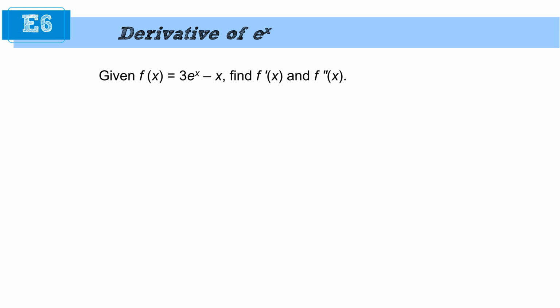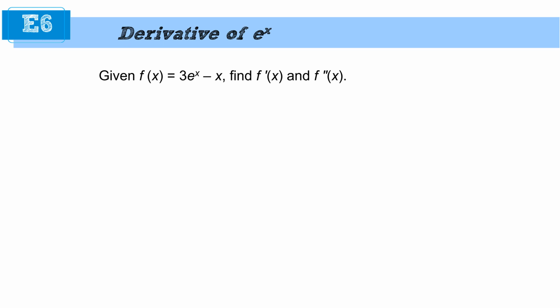That would be 3e to the x minus 1. Say that again, you said it backwards. 3e to the x, minus 1. Outstanding. We're all good, yes? Okay, good.